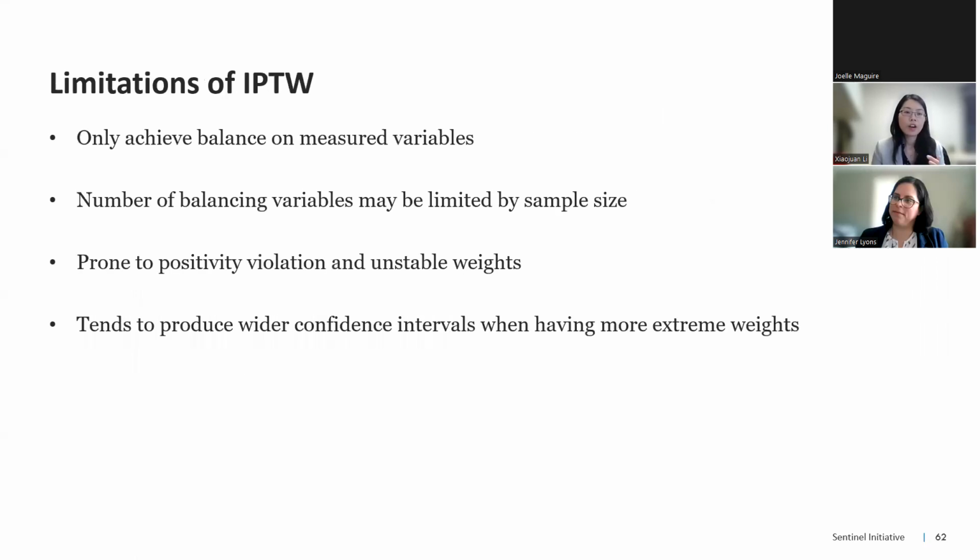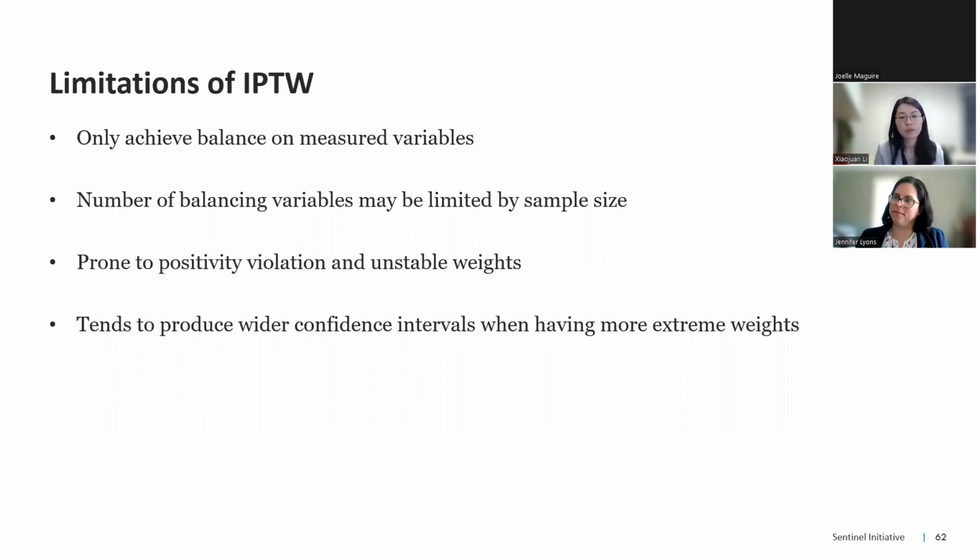And here are a few disclaimers before we conclude on this introduction. Inverse probability weighting, or inverse probability of treatment weighting, is not a magical cure-all. It cannot solve all unmeasured confounding and can only achieve balance on the measured factors.